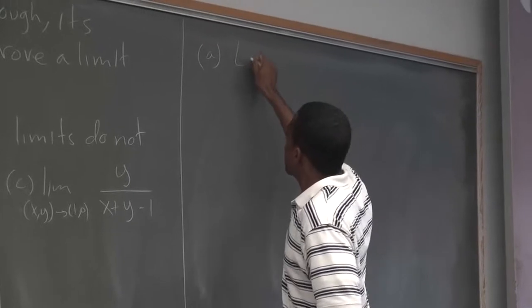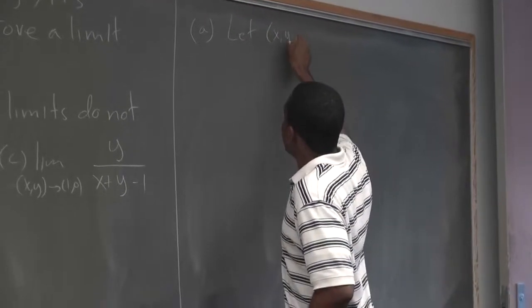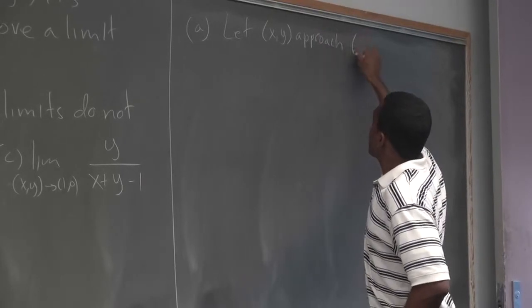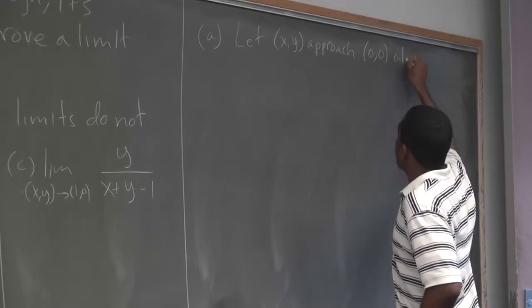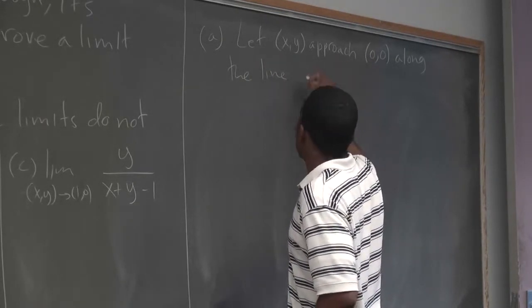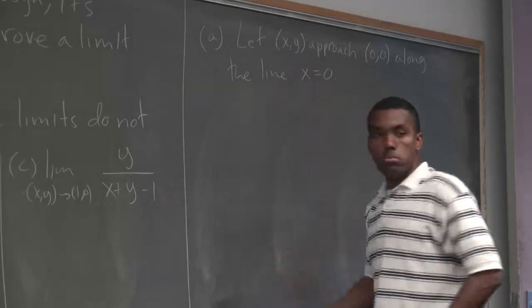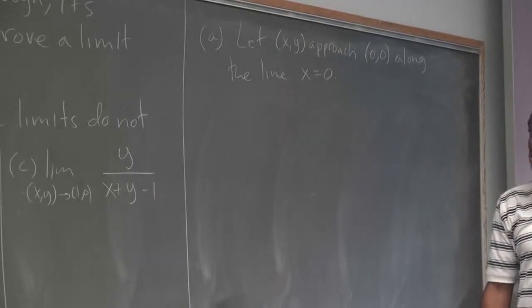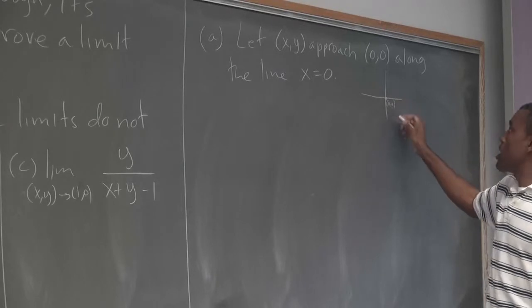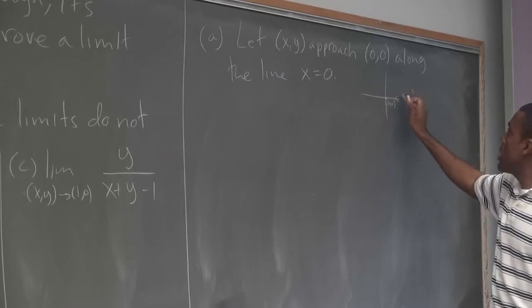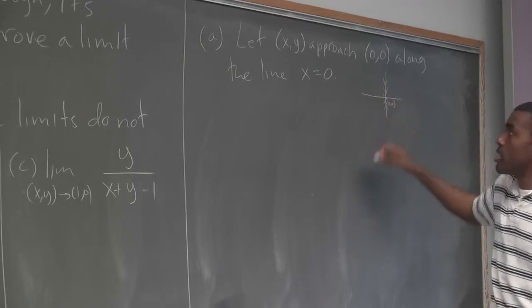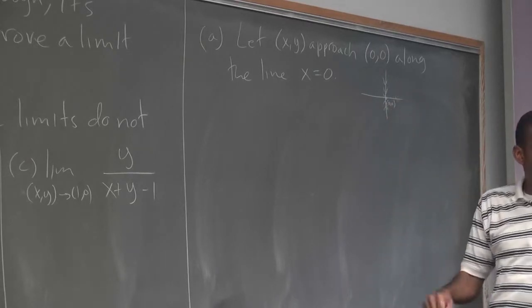Now, let x, y approach 0, 0 along the line x equals 0. Let's say we're approaching the limit that way. In the xy plane, here's the origin, and I'm talking about approaching it on the line x equals 0, which is the y-axis. So I'm either doing this or that, approaching the origin from that direction.